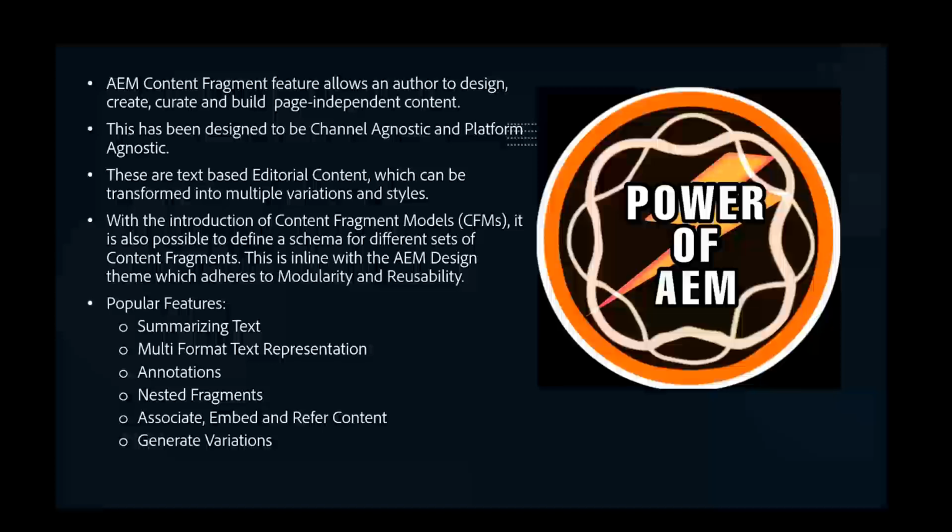That is an additional feature which is available on the cloud environment and the latest version of 6.5. We already have a different playlist to understand how we can leverage the variations with the content fragment and how you can enable it. So please do check out my playlist to understand the variation in a detailed way.